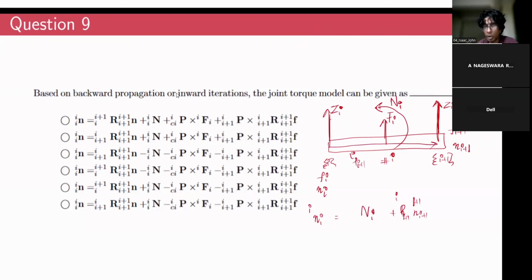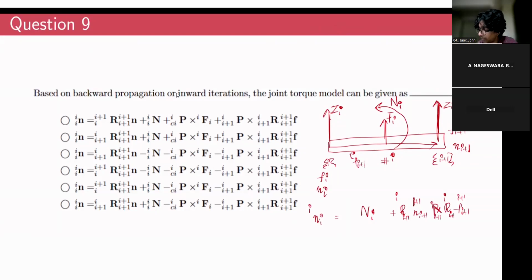So the moment contributed by Fi+1 would be Fi+1, that is referred with respect to I+1, but we have to bring it back to the ith frame. So I pre-multiply that with the rotation matrix I+1 with respect to I. Then I have to cross product that with the position vector of I+1.